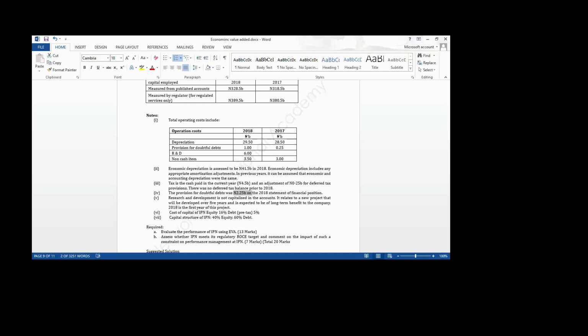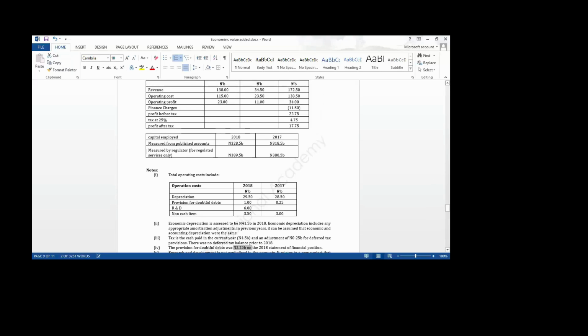So are we going to use the regulated or non-regulated? Okay, but the examiner says use what you are going to do for the company. In this case, if you are picking figures, it didn't say regulated. You only have one profit after tax, is that not? You don't have profit after tax for regulated.